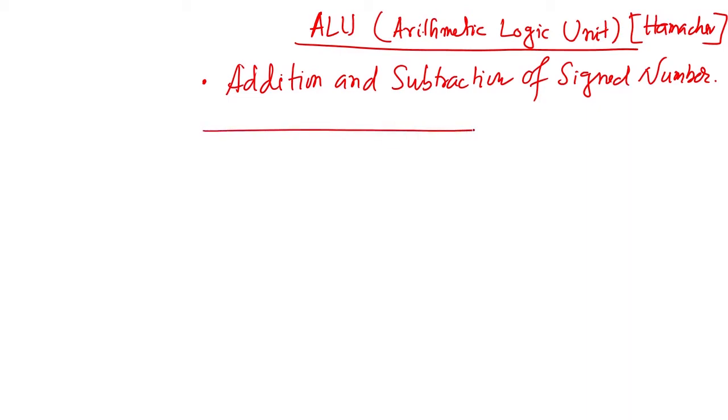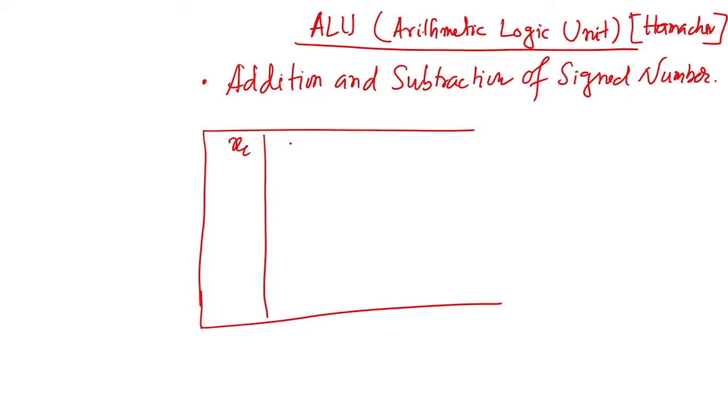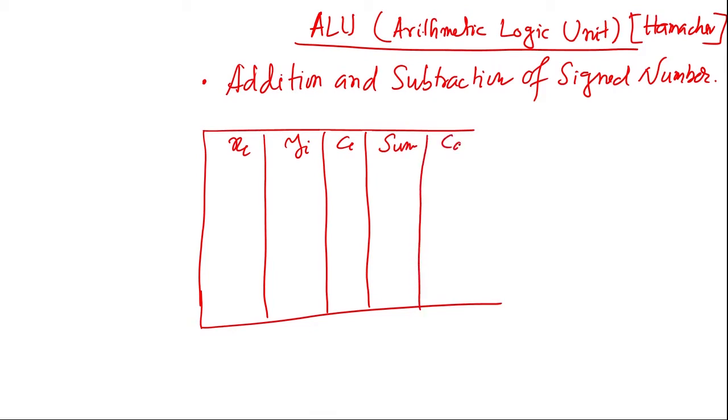First, let us say we have a truth table with x I, y I, and then C I, and then we have the sum, and then the carry out.